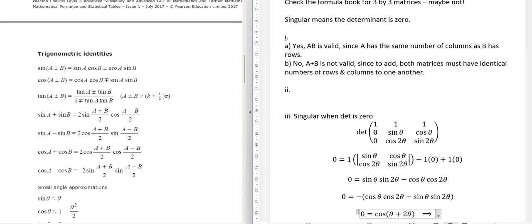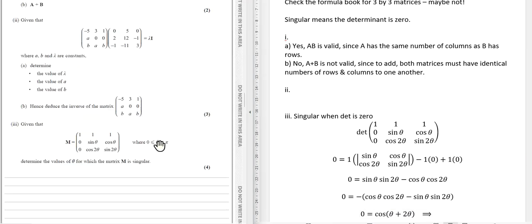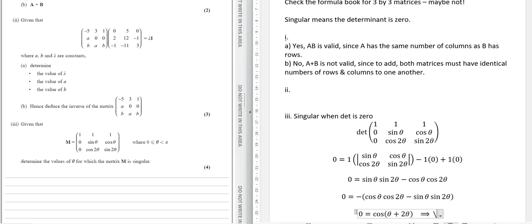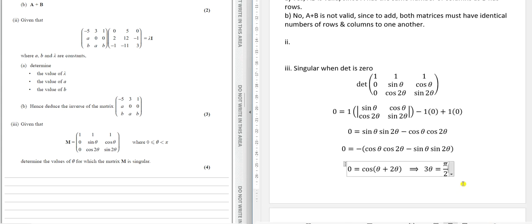And they've asked me in the question to deal with a situation where theta is between 0 and pi. So when is cos theta equal to 0? Well, that happens at pi by 2. We have 3 theta. So 3 theta must be equal to pi by 2.